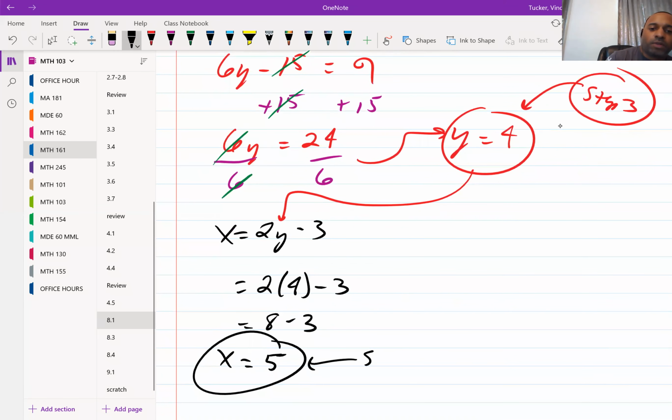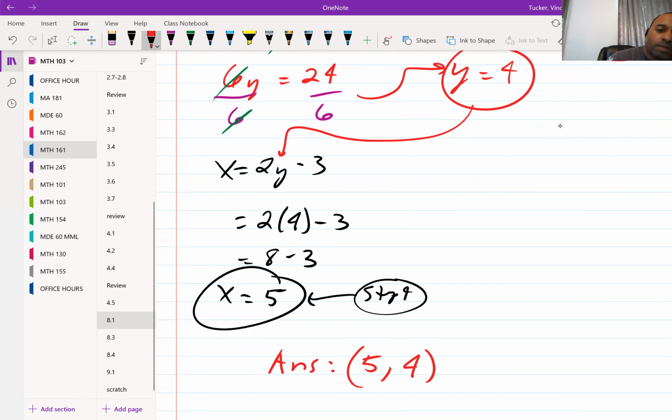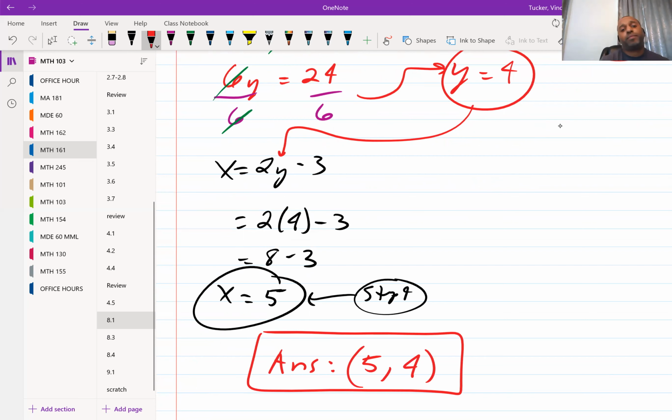And so that's step 4. So our answer is 5, 4. So X is always first, then Y.